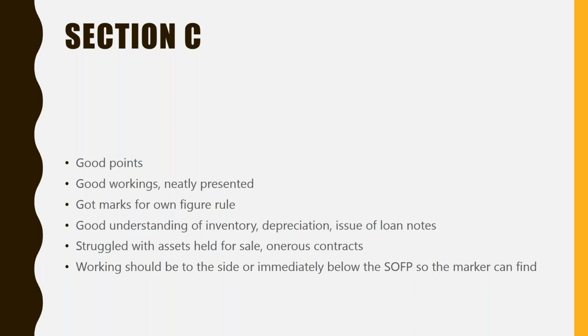So with an asset held for sale, once you satisfy the criteria, that the asset must be available for immediate sale in its present condition, and the sale must be highly probable, then that asset can be reclassified out of non-current assets, property, plant, and equipment, and reflected in current assets as an asset held for sale. Right? An onerous contract comes out of IAS 37.